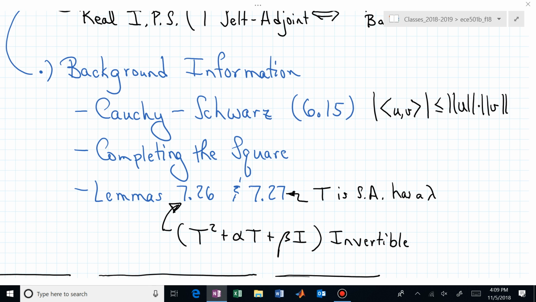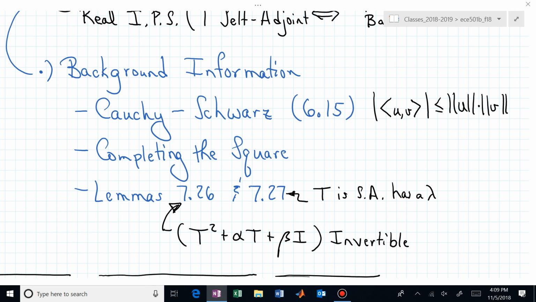Remember we talked about these relationships or connections of numbers and maps, meaning, if we view a linear map as a complex number, the scalar case, then the adjoint of that map is just the conjugate of that complex number.